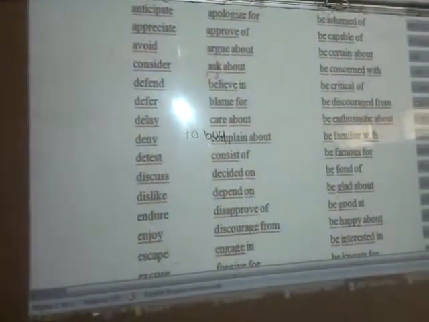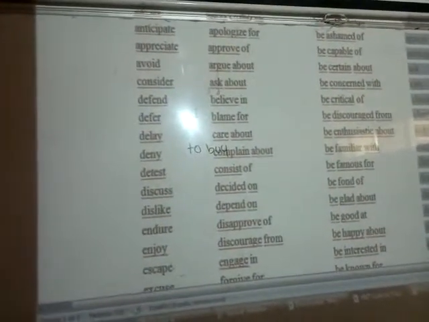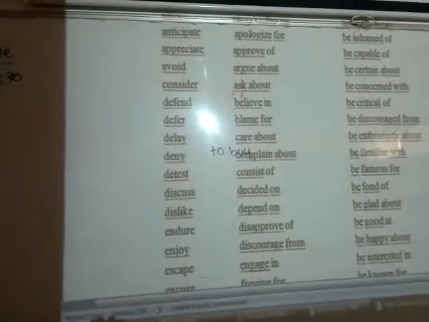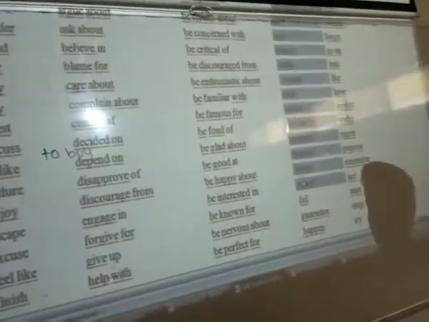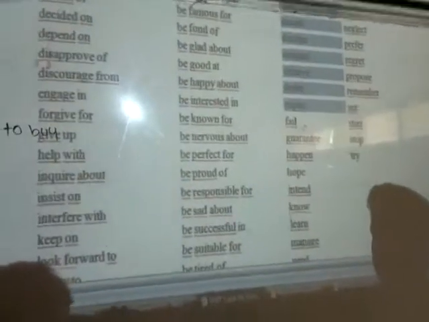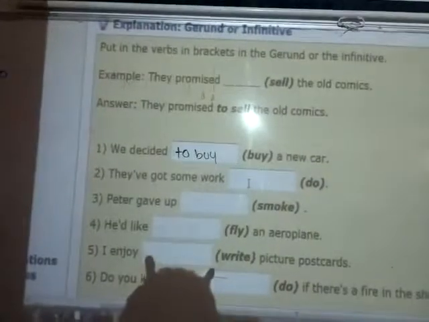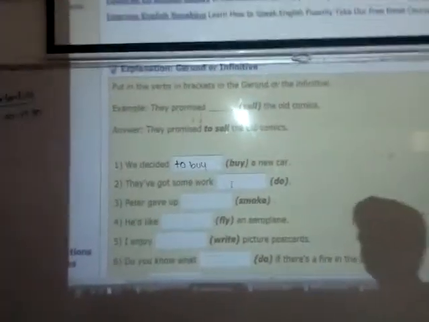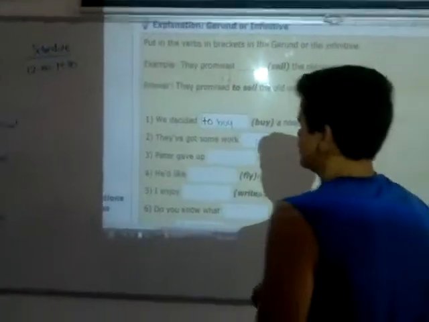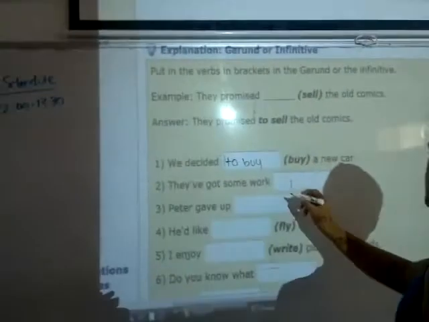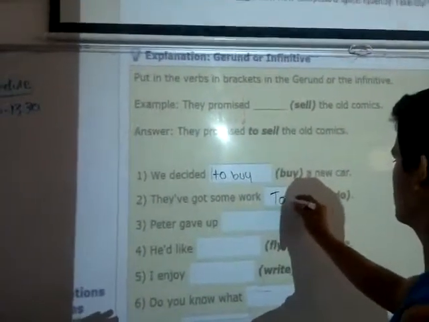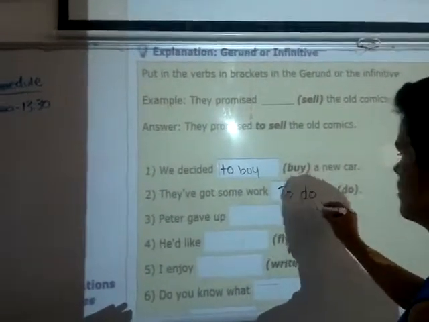To get. Well, it's not here, but you know what it is, right? What's the correct form? The infinitive. So work is infinitive. Okay, to do. Thank you.